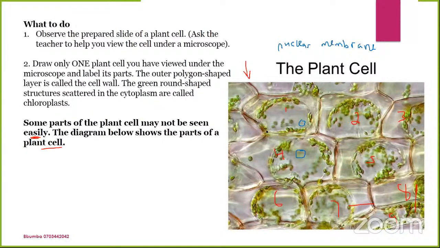Let me circle it because there are many cells. If I draw its shape, it will be in this kind of shape.